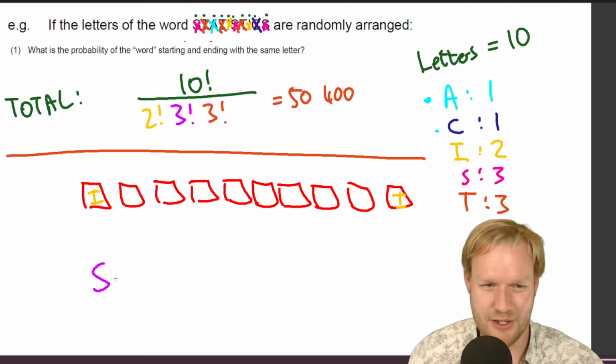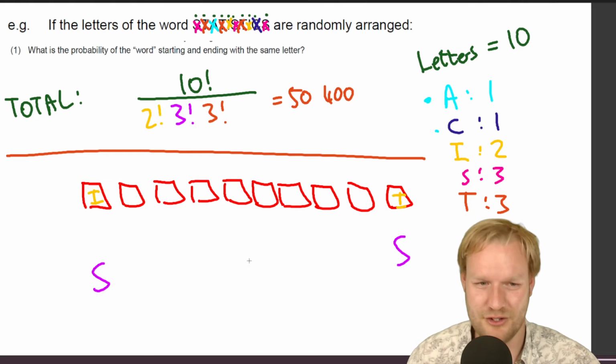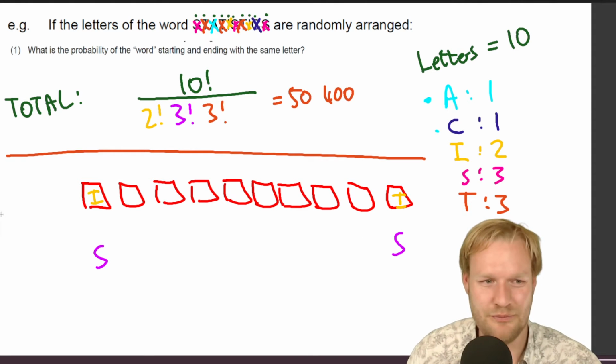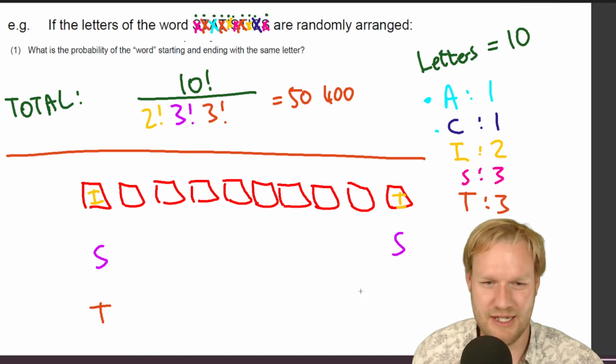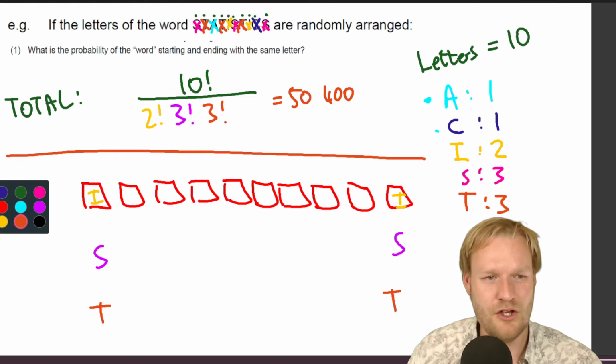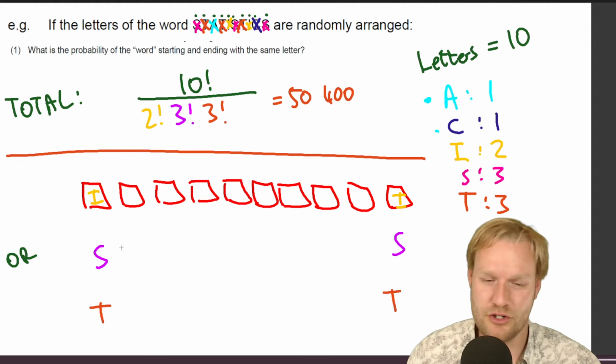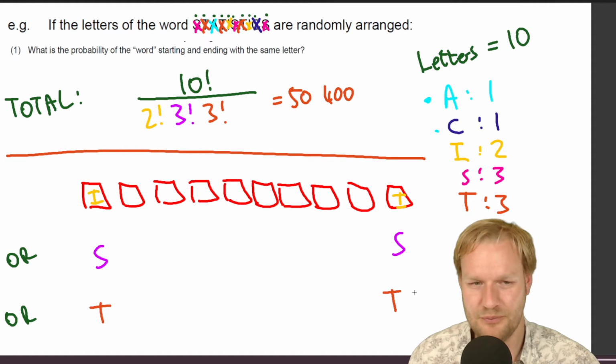I'm not going to draw my blocks now, but the blocks help line things up. We've got an S and an S, or we could finish with a T and a T. So it could start and end with I, or S, or T.